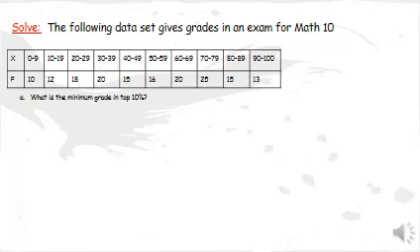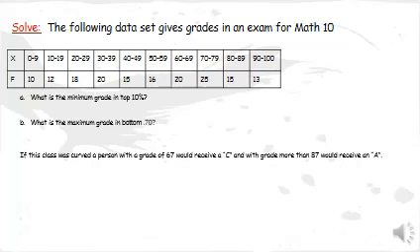Let's dive further into this data set to figure out the minimum grade in the top 10%, the maximum grade in the bottom 0.7 or 70%, and if this class was curved, a person with a grade of 67 would receive a C, and with a grade more than 87, they would receive an A.